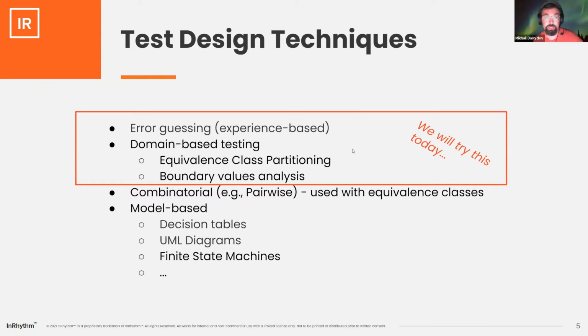The other is called domain-based testing. And here the idea is that when we are talking about some particular functionality, we have some inputs and some outputs. So we identify what the different parameters, the different variables of our functionality are, and what kind of different output parameters we have.